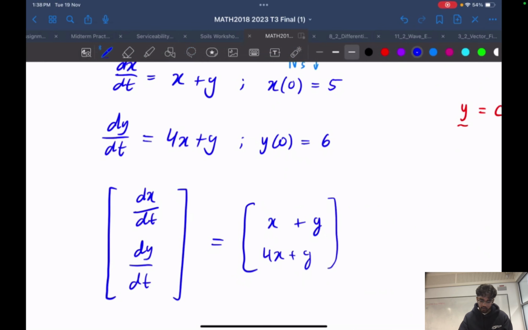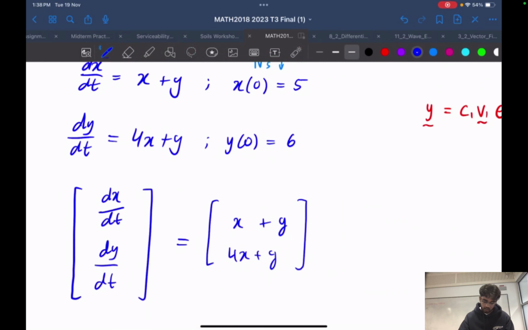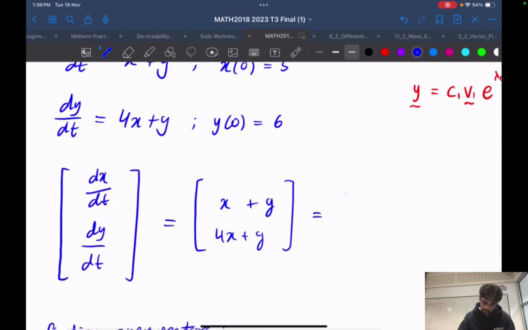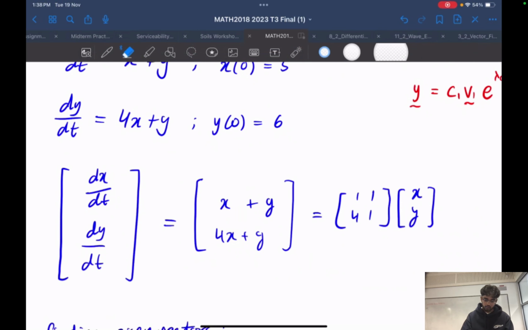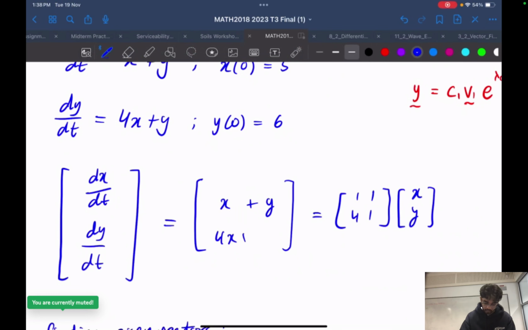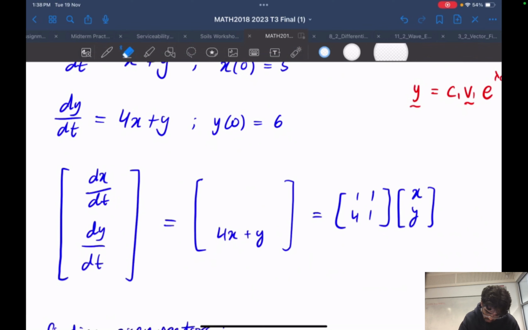Okay, and if you want to put this in terms of a matrix and a vector, yeah, it will look like this. So this is 4x plus y. This is x plus y.